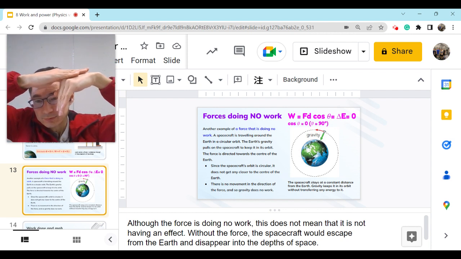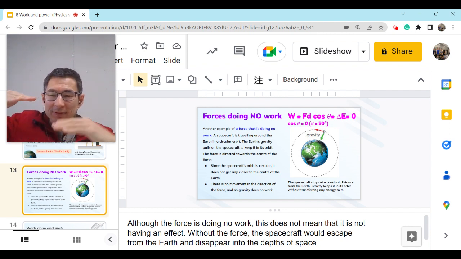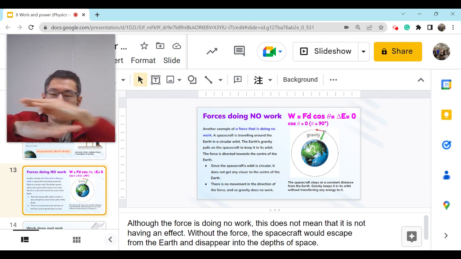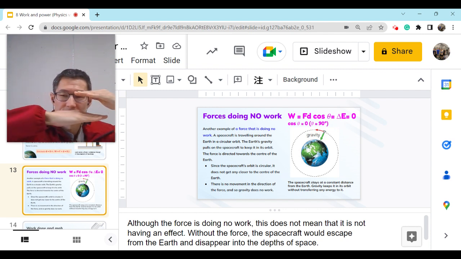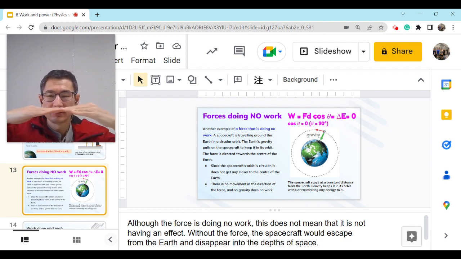There is another component of F times D, which is cos theta. Theta is the angle between the movement direction and the force. If it is the same direction, it will be 1 because cos 0 is 1.